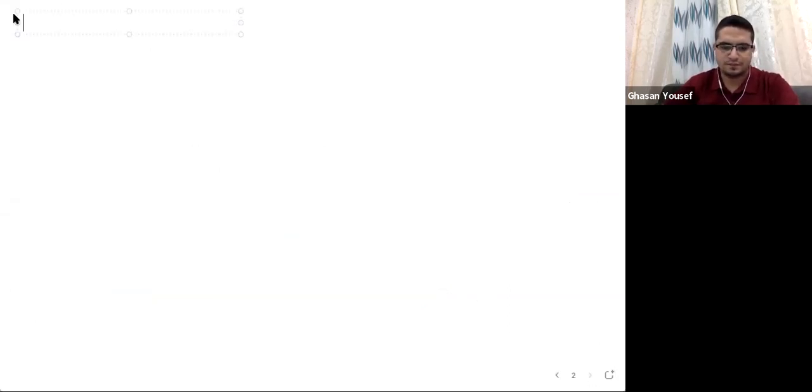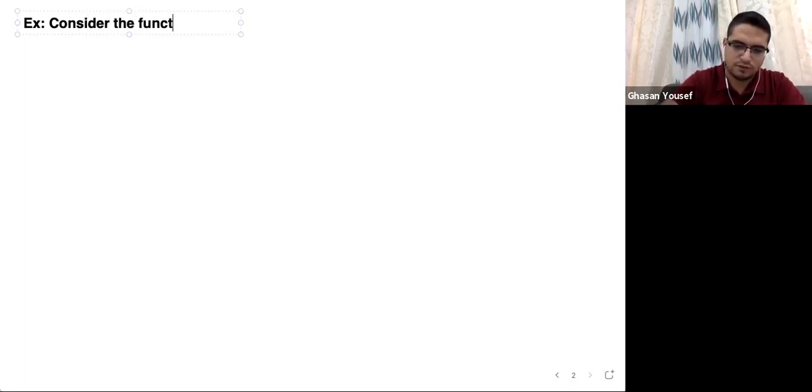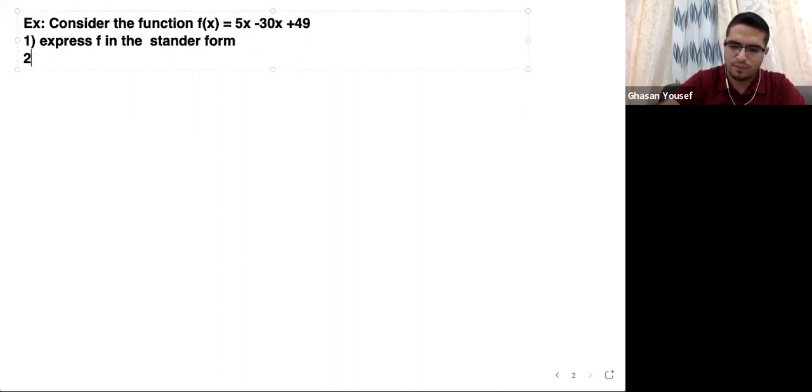So, example: consider the function f of x equal 5x squared minus 30x plus 49. The first part of this question: express f in the standard form. Number 2, find the vertex.